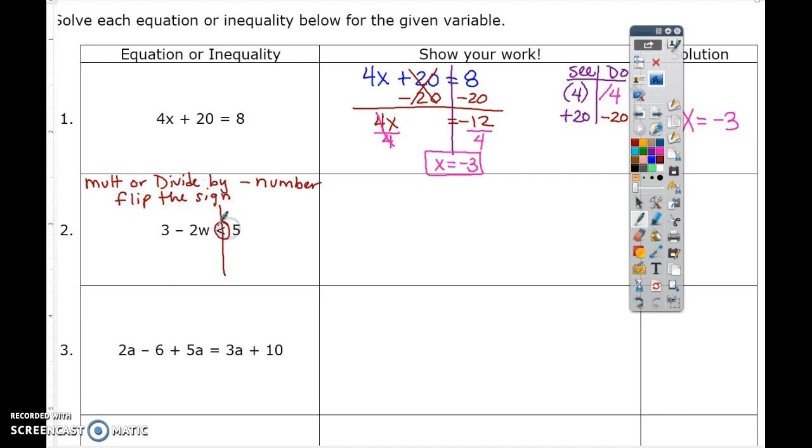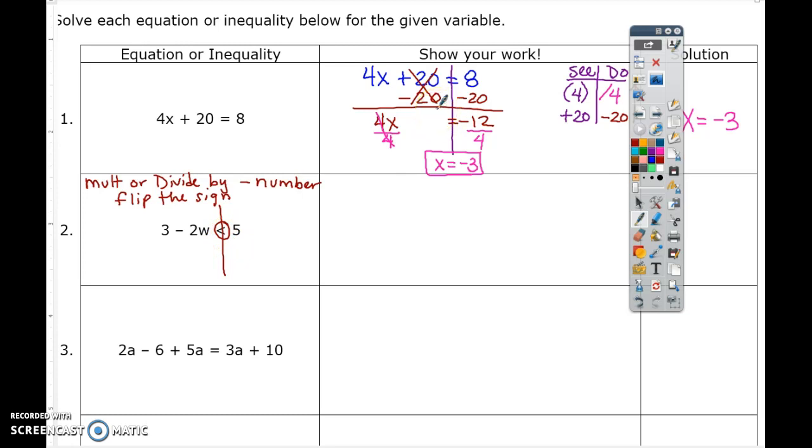And I'm talking about that sign. Okay, so if you multiply or divide by a negative number, you're going to have to flip that sign. So go ahead and I need you to work this out like we did number 1.